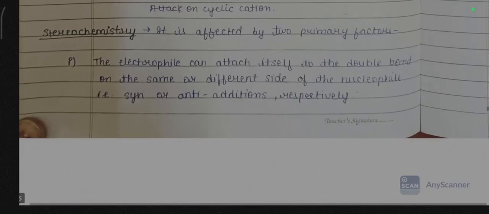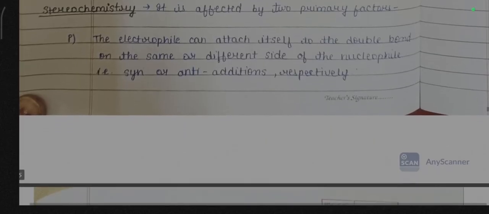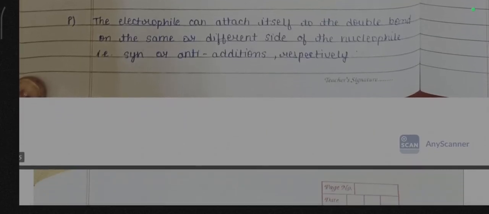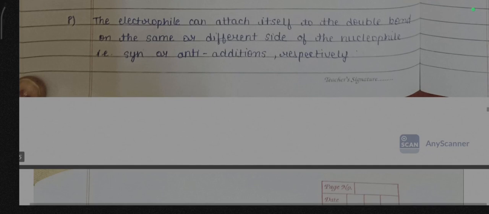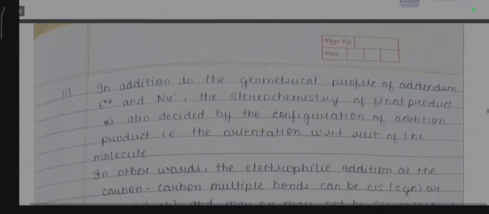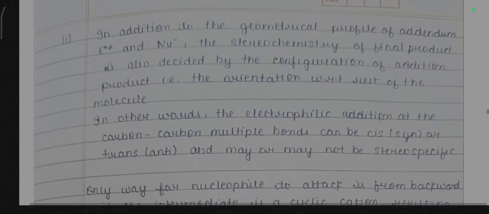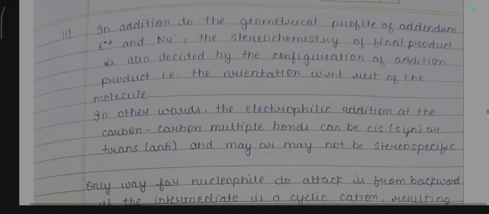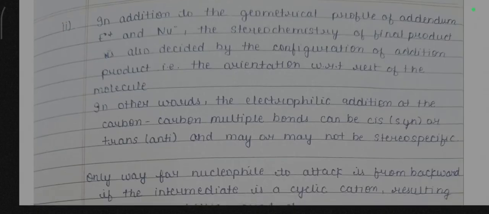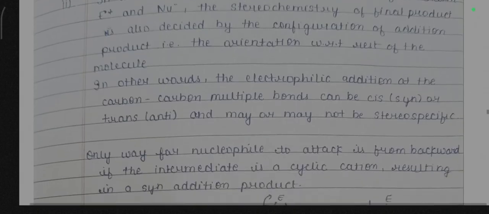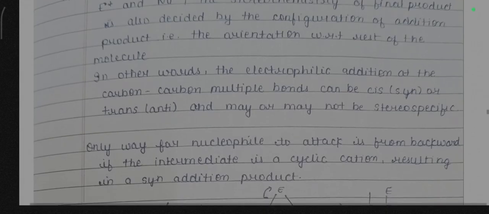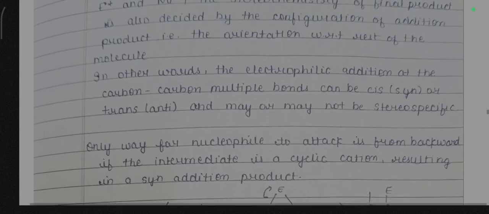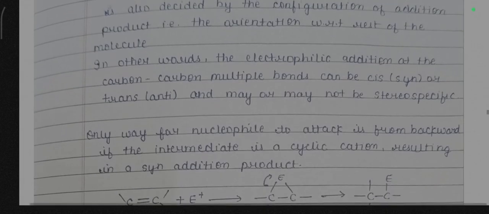Stereochemistry is affected by two primary factors. The electrophile can attach itself to the double bond on the same or different side as the nucleophile, for example, syn or anti addition respectively. In addition to the geometrical profile of the tandem E positive and nucleophilic negative, the stereochemistry of the final product is also decided by the configuration of the addition product, i.e. the orientation with respect to the rest of the molecule.